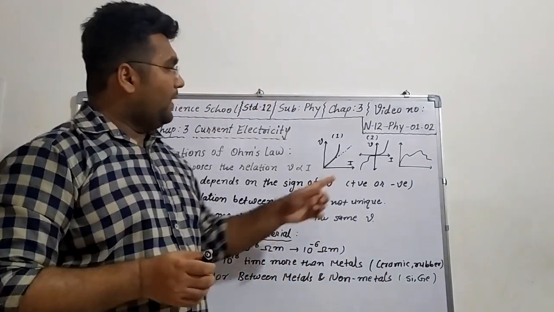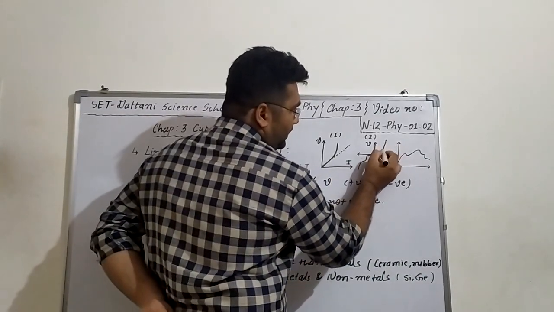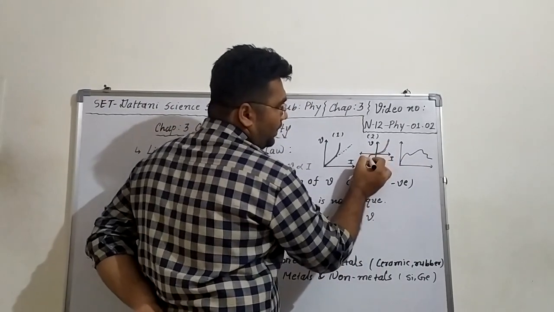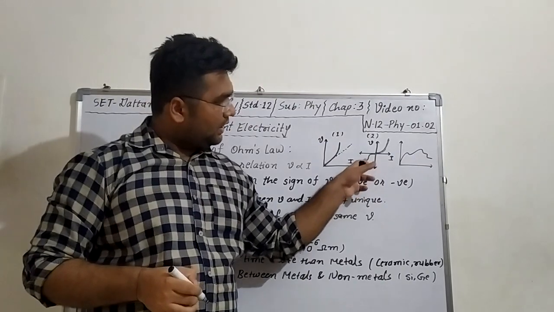If you take the positive volt, you get this type of graph. If you take the negative volt, you get the lowermost graph.